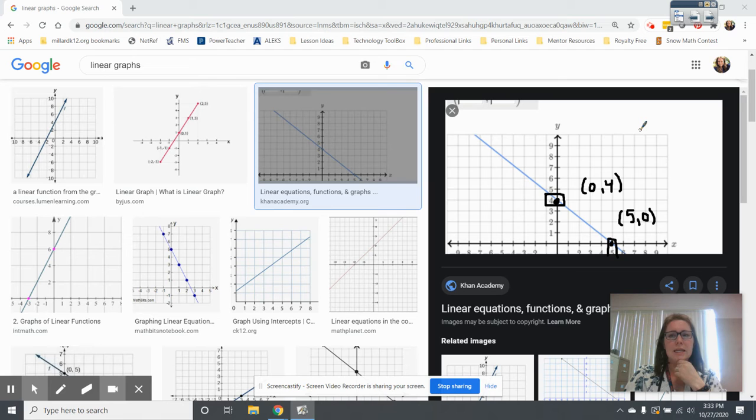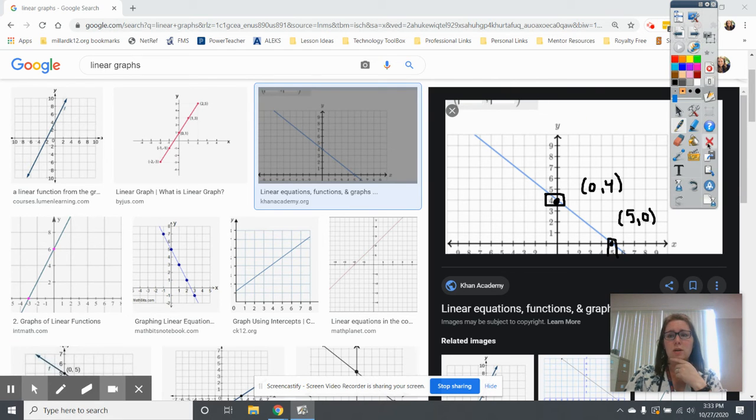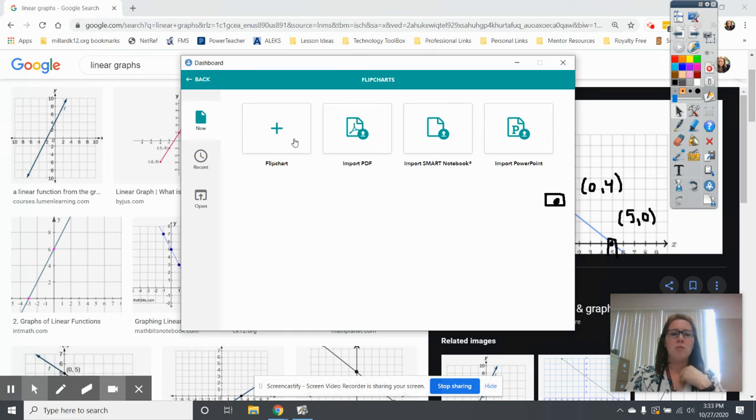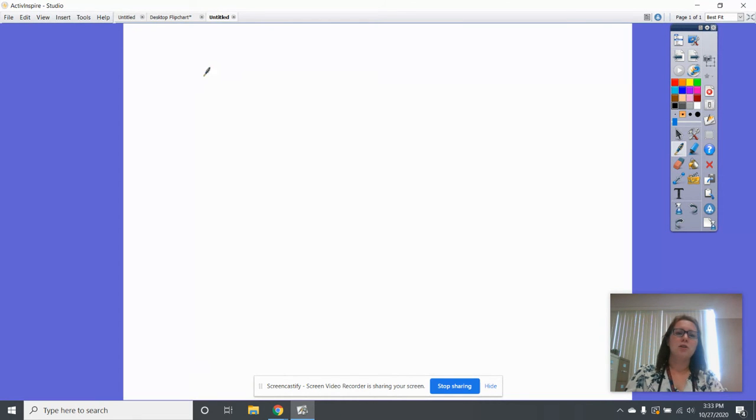But we're not always that lucky doing the intercepts. One more thing about intercepts. So let's say we have this equation, y equals 4x minus 12, and we have to find the x and y-intercept of this.